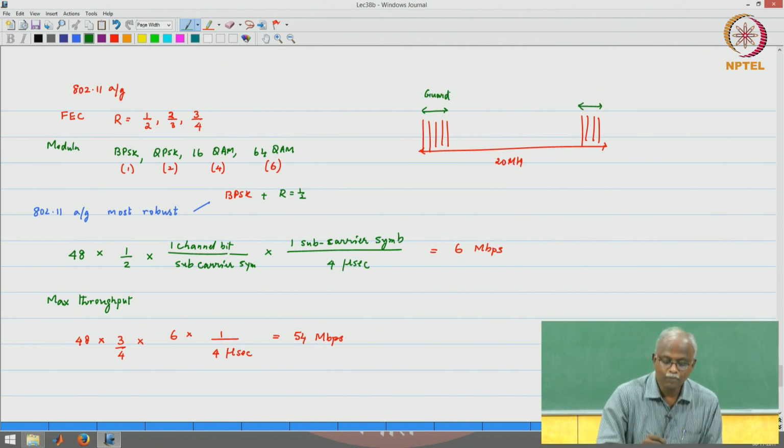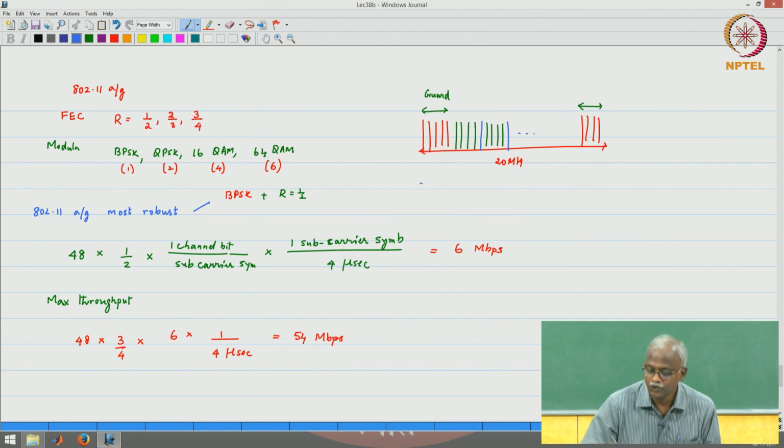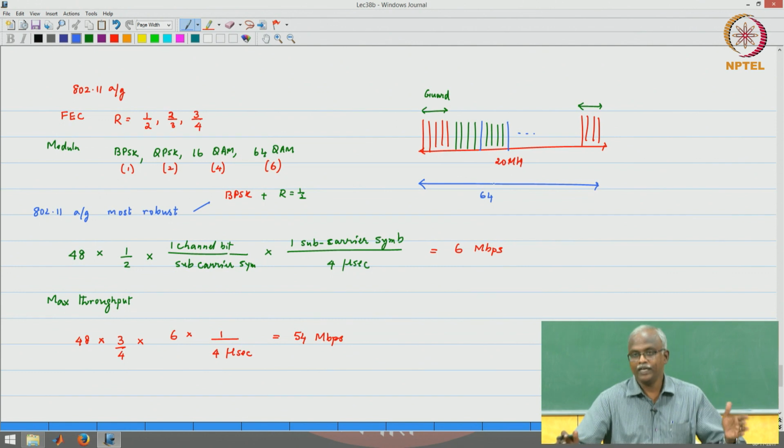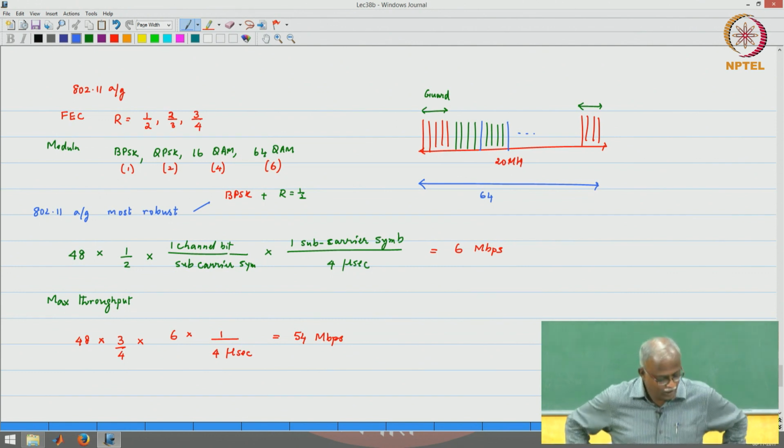Apart from that, there are 48 channels which are carrying information, and then occasionally you will find a channel which is carrying pilot information. So basically some number followed by a pilot followed by another pilot, and so on. A total of 64, and this is how it is designed and developed.